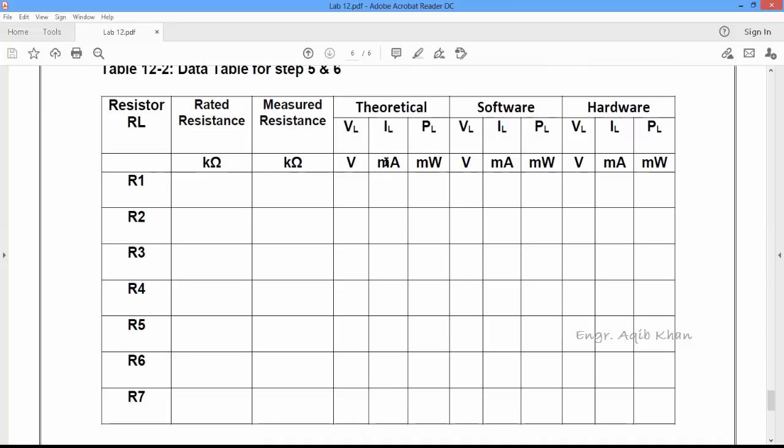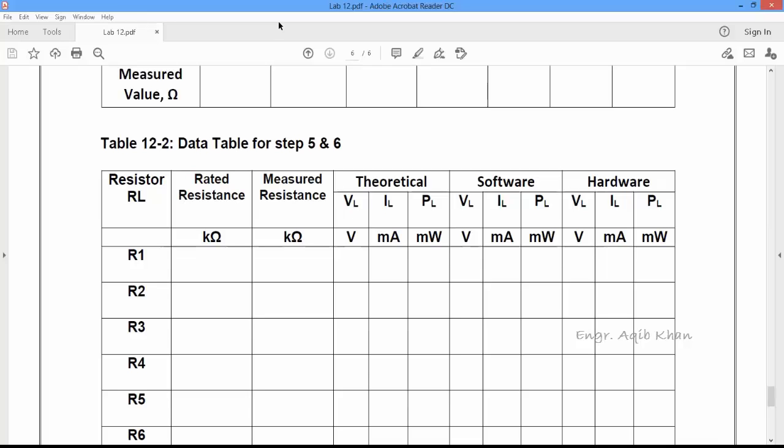First are the theoretical values VL, IL and PL, and then by software and then by hardware. For theoretical values, simply use voltage divider: VL is RL divided by R Thevenin plus RL into V Thevenin.